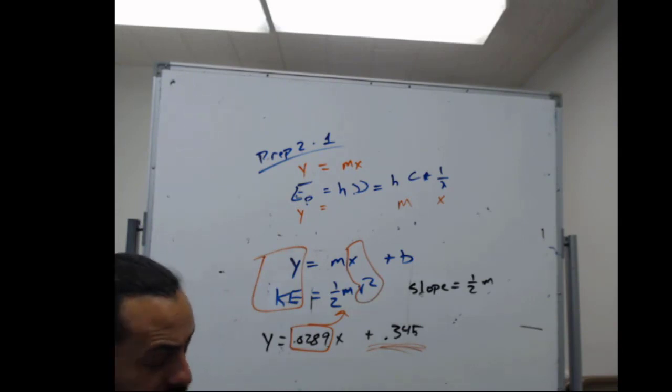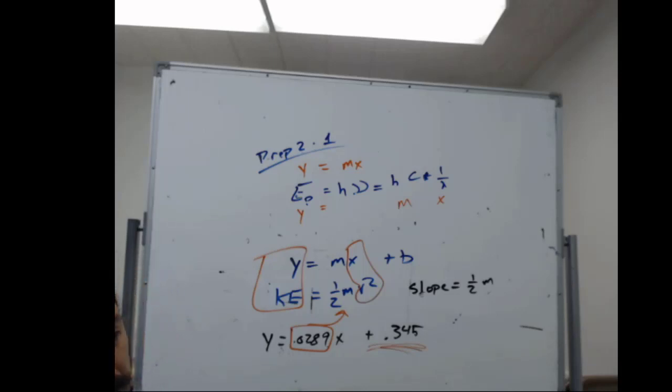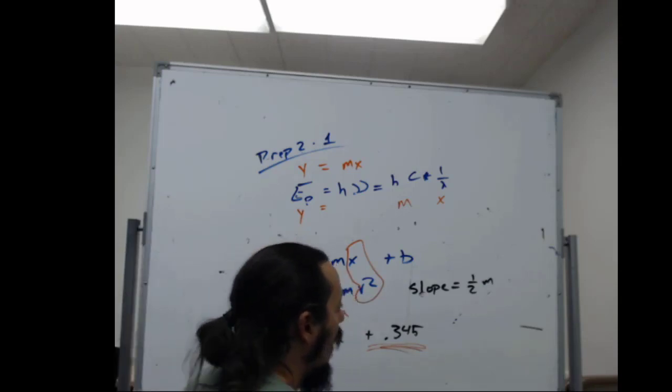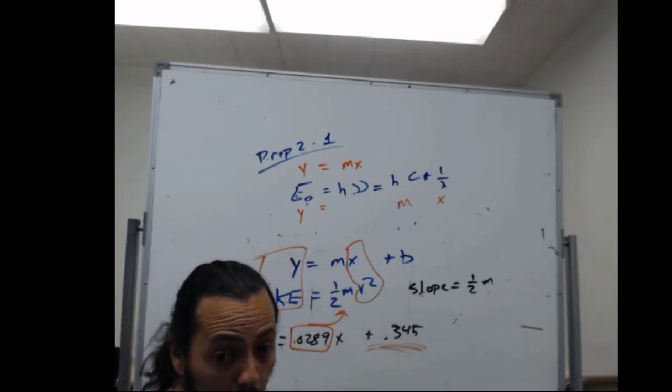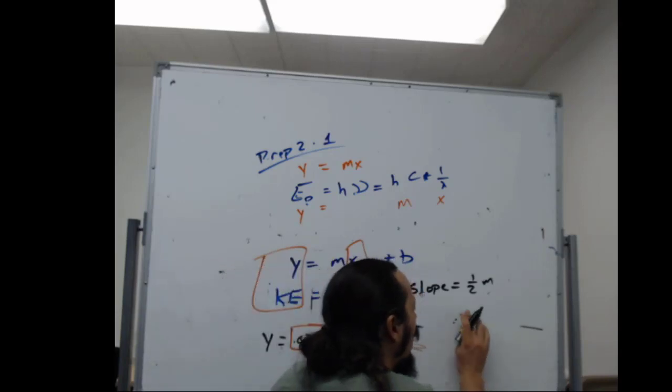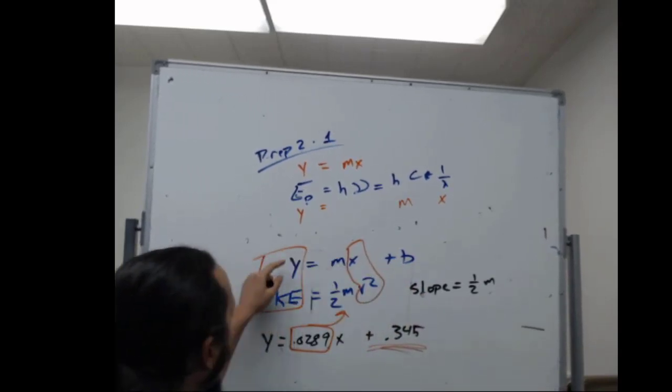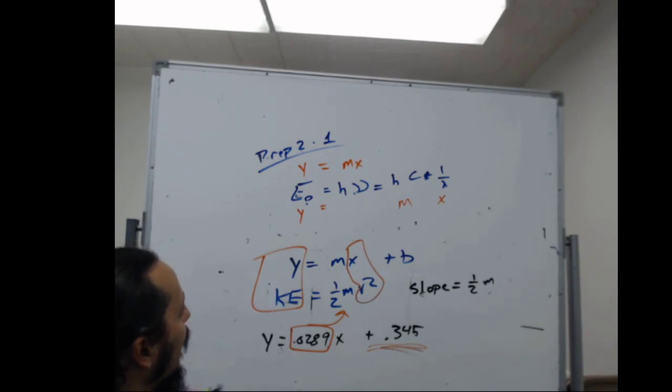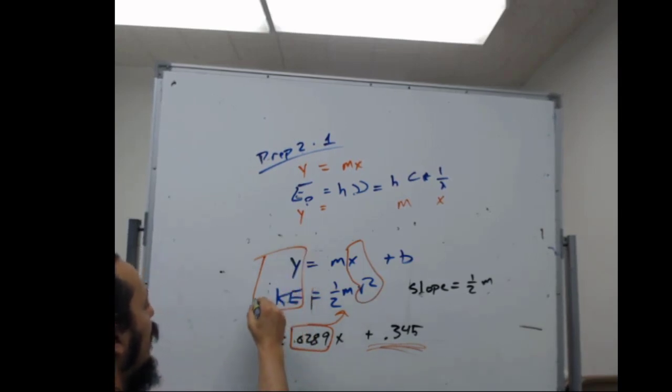Other thing to think about, always check your units. This question is asking us for the units in grams. Is our slope in terms of grams? And the answer is actually no. When we look at the kinetic energy, the units for kinetic energy are given to us in joules.